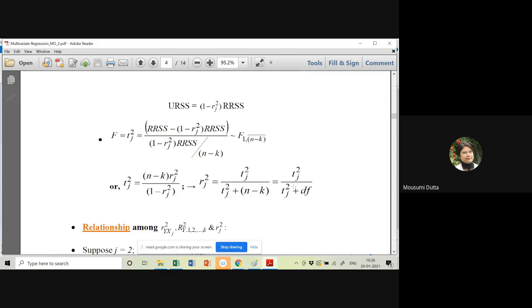So t square can be related only to the partial r square. It cannot be related to multiple r square or r bar square or simple r square.